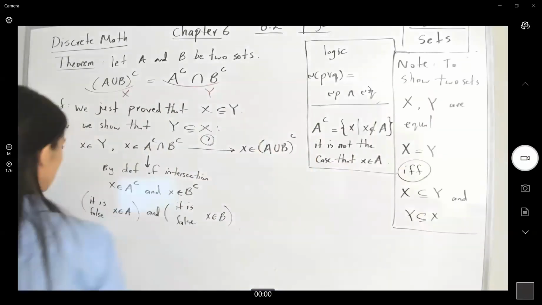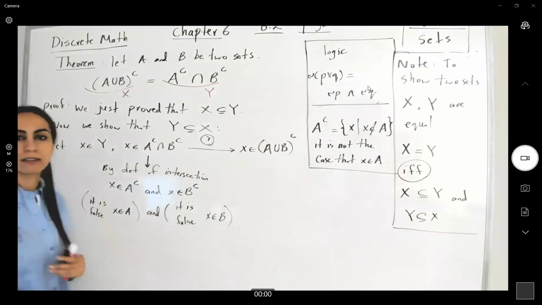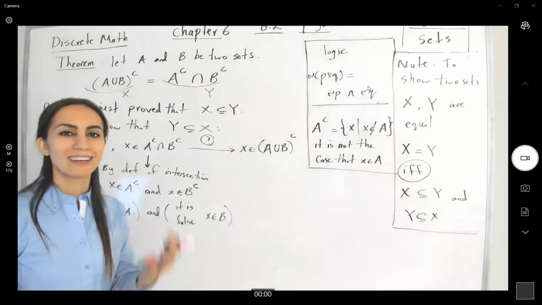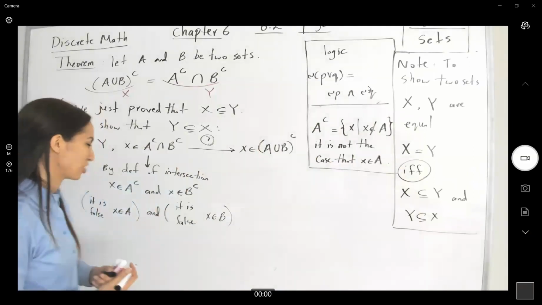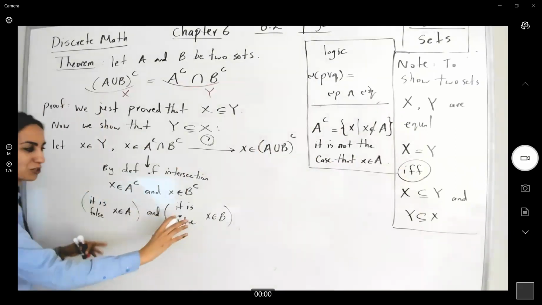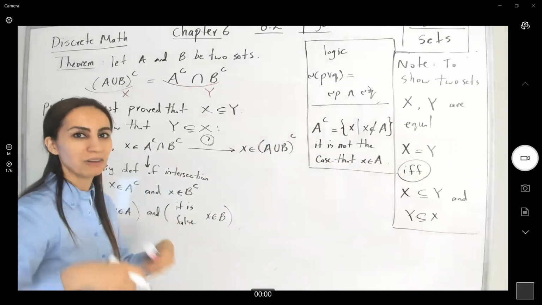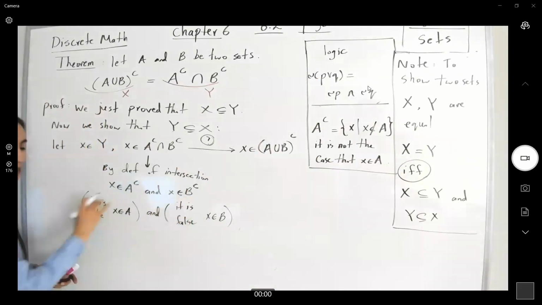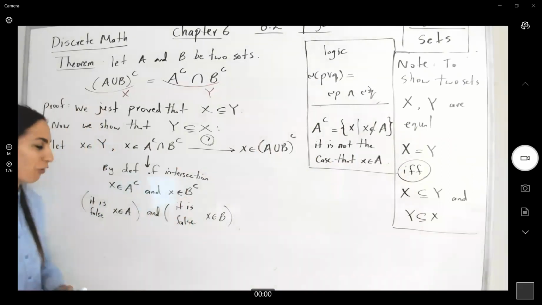Well, okay. So remember that it is false, it's not the case, is the negation. So what are we trying to do? We are trying to somehow factor out it's not the case or it is false.